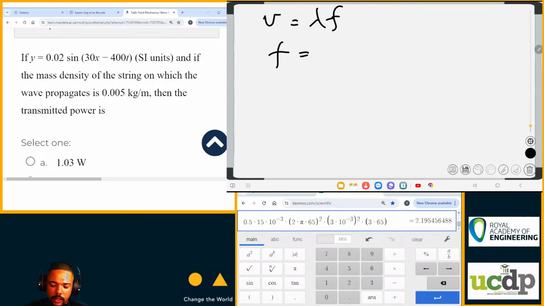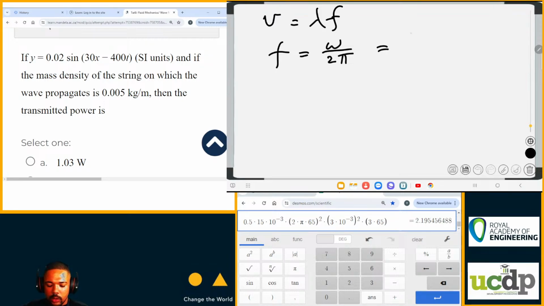Luckily there is a formula that relates frequency and angular frequency. Angular frequency divided by 2 pi is equal to frequency, linear frequency.